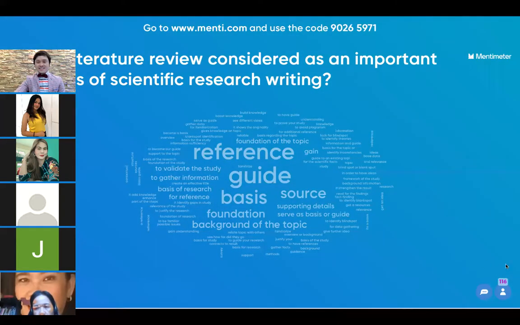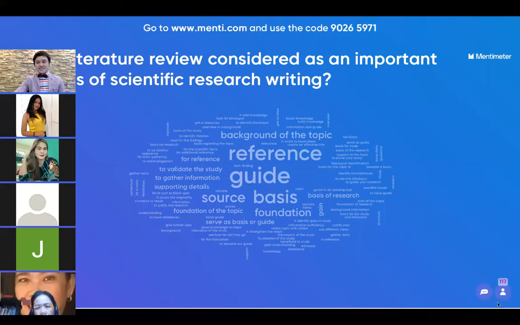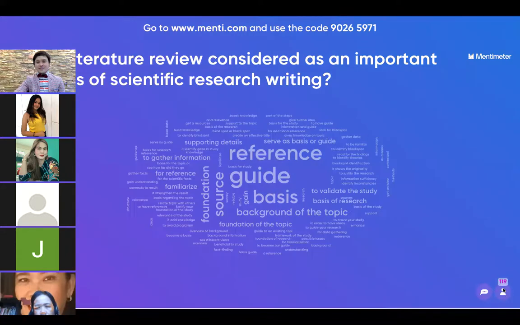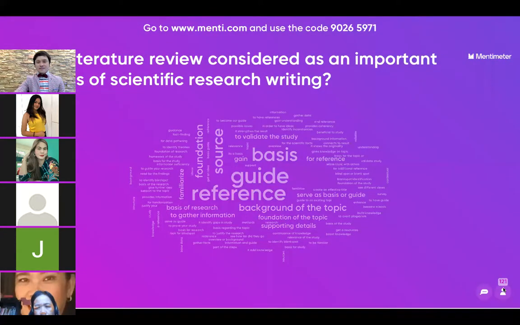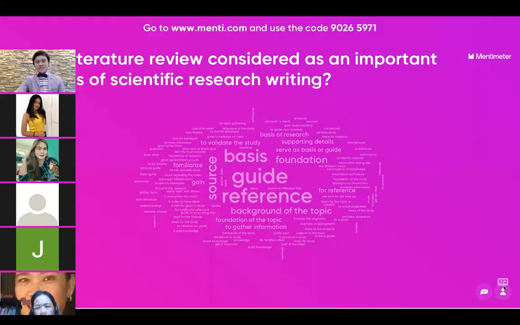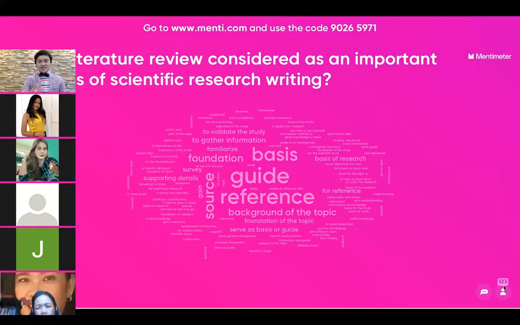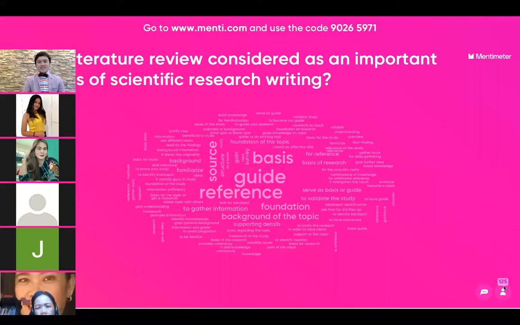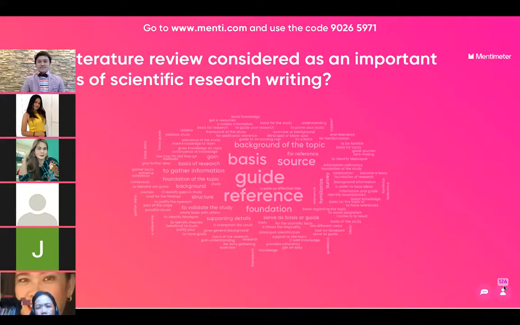Itong sa right side ninyo, makikita nyo kung ilan na sumasagot. At since ako yung host at nakasubscribe ako sa menti.com, alam ko kung sino yung mga sumagot dito. Kaya pag nagbigay ako ng grade, pagbabasehan ko to, babalikan ko to. Naka-record sa akin bilang host.